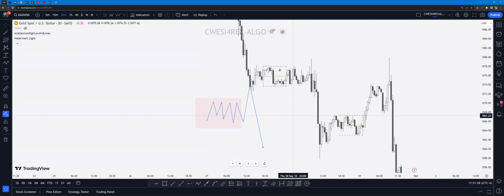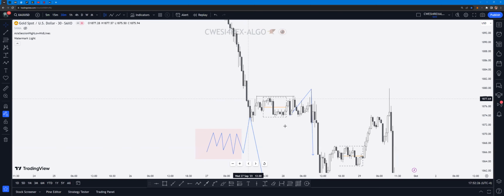Over here you can see Asia created a weak high, simply because you can see relative equal highs, or liquidity. Then you can anticipate that the Asia high is weak, so we want to see a false run to the opposite direction, and a bearish day, since we are in a bearish trend.